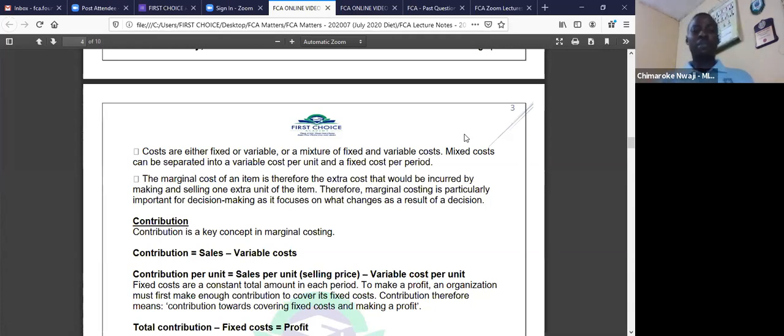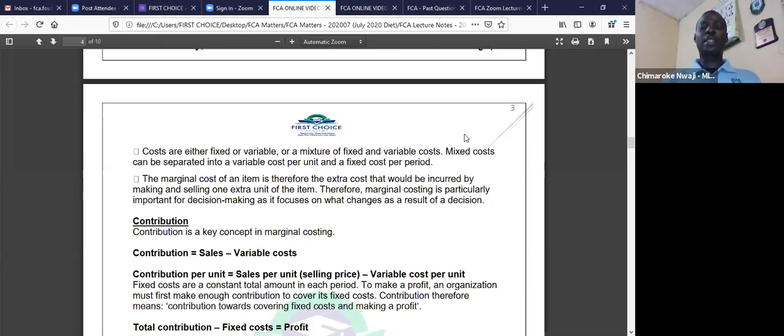Now we said marginal cost of an item is therefore the extra cost that will be incurred by making and selling one extra unit of the item. Therefore, marginal costing is particularly important for decision making as it focuses on what changes as a result of a decision.